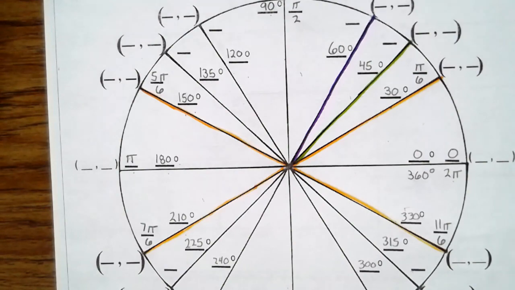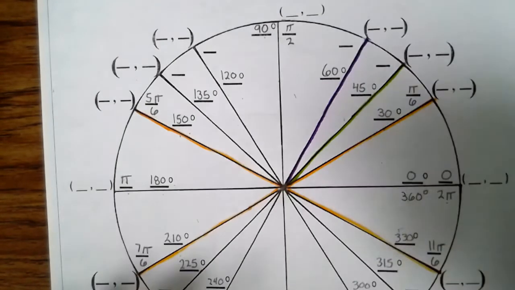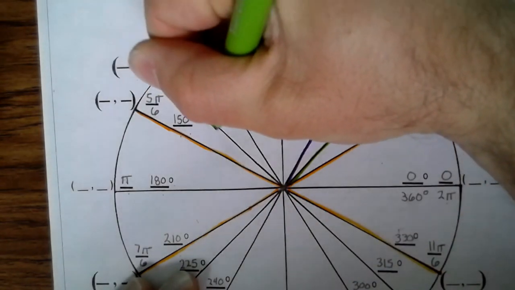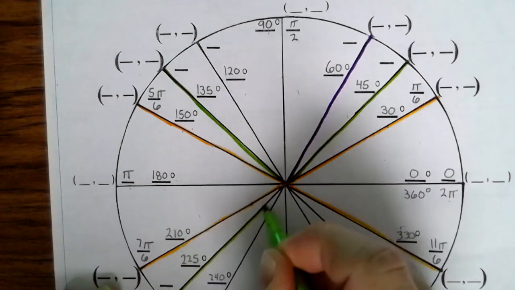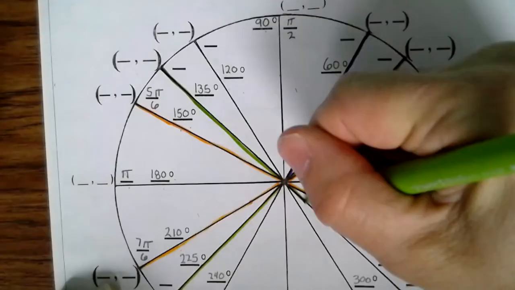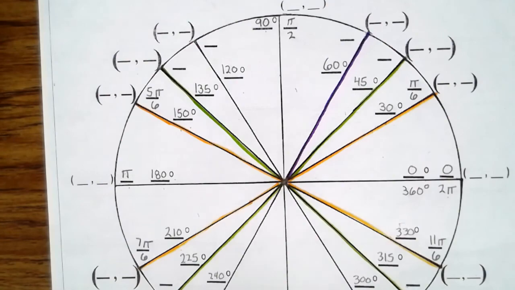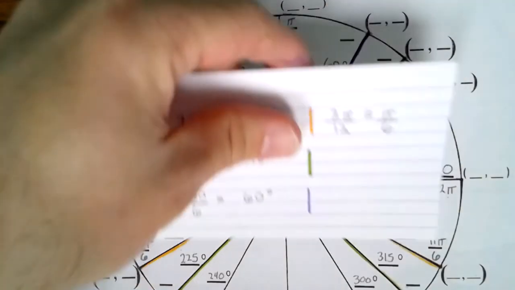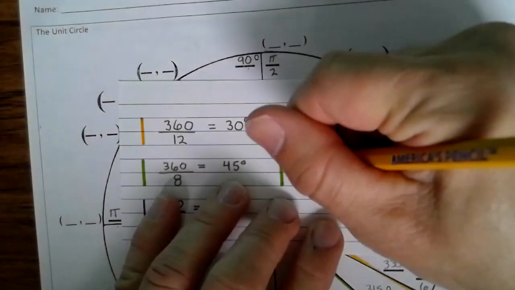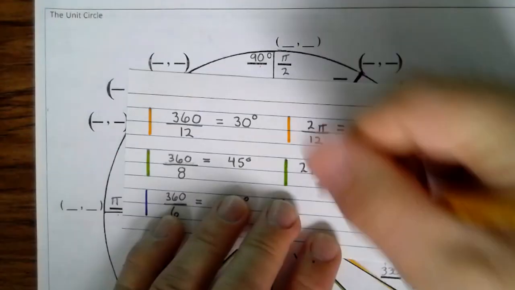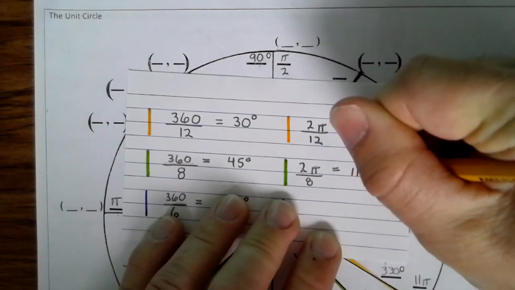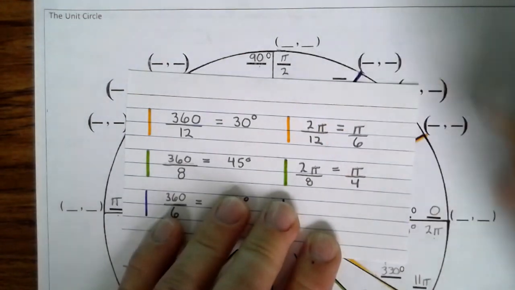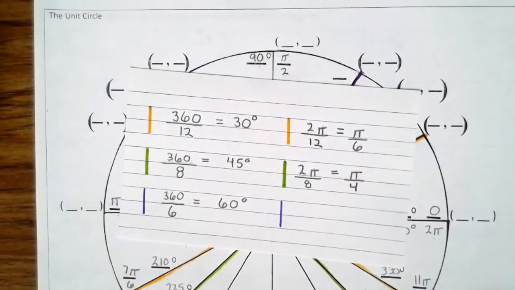Now let's look at the green piece. Okay, we know, and then connecting with the bow tie. Okay. Now we know that this is 2 pi and there's 8 pieces. So 2 pi divided by 8 is pi divided by 4. Okay. So we know this piece is pi divided by 4.